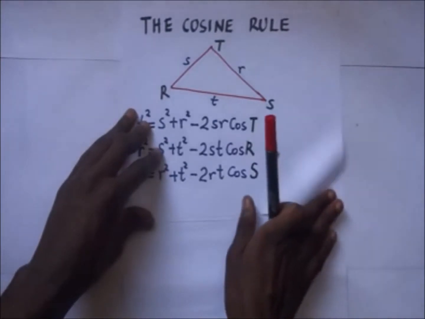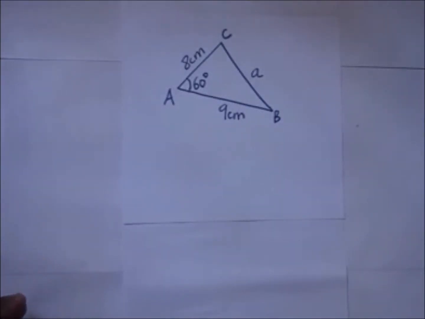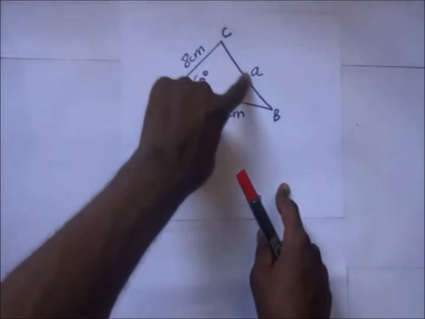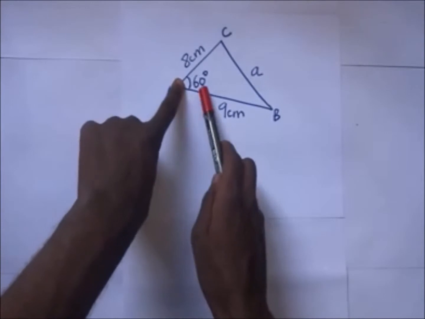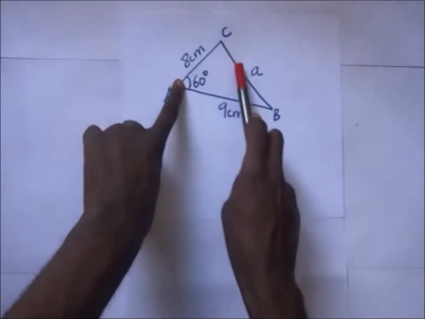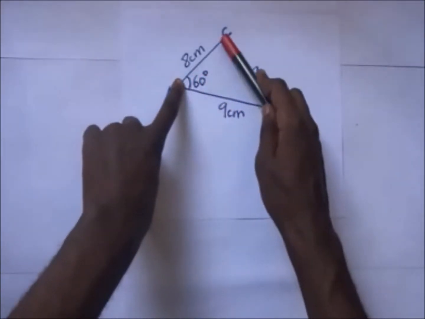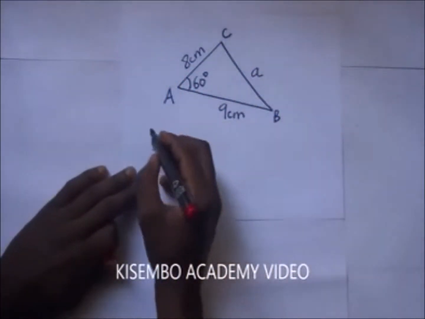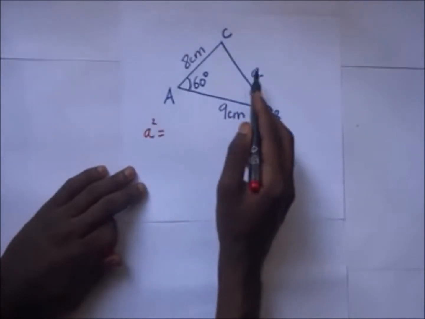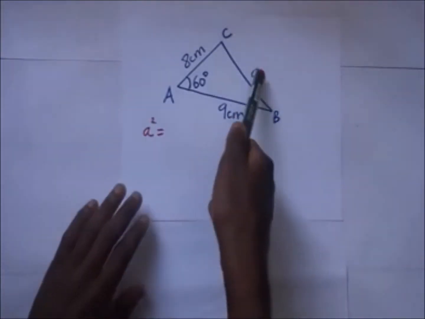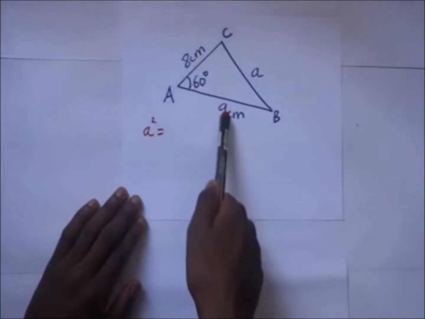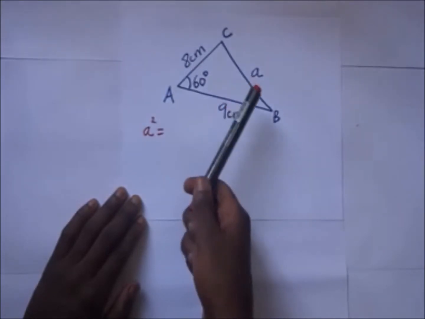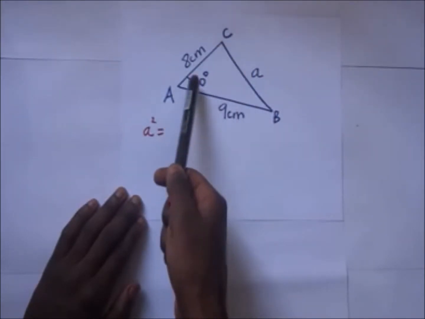So in our example, we are going to use the cosine rule to find the value of a. You realize that this side A is opposite the angle. The only angle that is given is directly opposite the side A, so it is advisable that we begin with side A. So a squared is equal to 8 squared plus 9 squared minus 2 times 8 times 9 times the cosine of the angle opposite that line, which is 60.